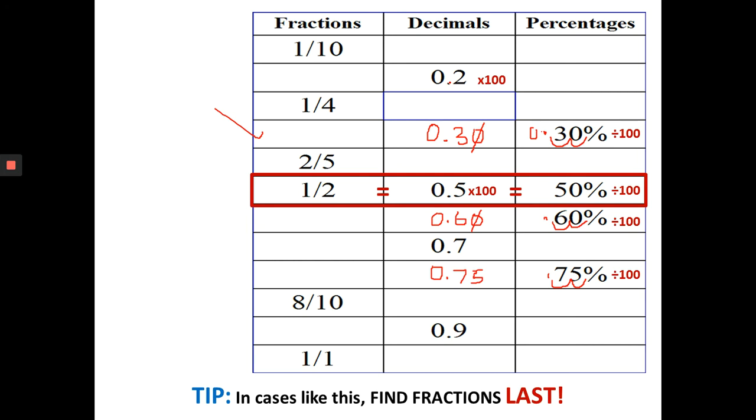So let's move this 2 places to the right, 1, 2. So there should be 0 there. So it's 20%. Okay, how about this? Move 2 places to the right. So 1, 2. There should be 0 there. So it's 70%.